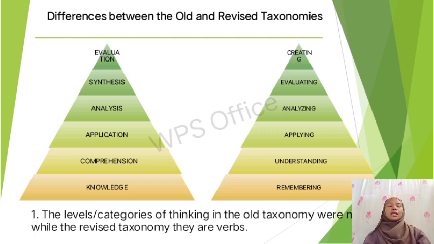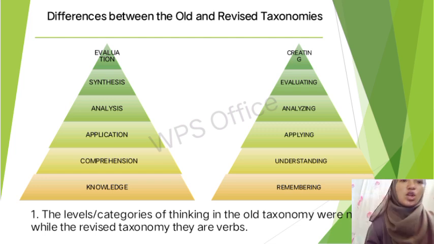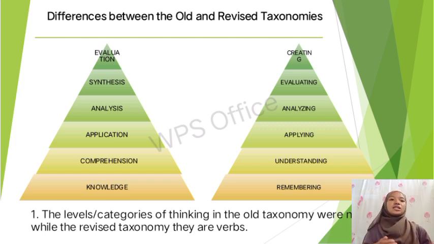So, ang first na differences ng old and revised taxonomy is that the levels and categories of thinking in the old taxonomy were nouns, while in the revised taxonomy, they are verbs.